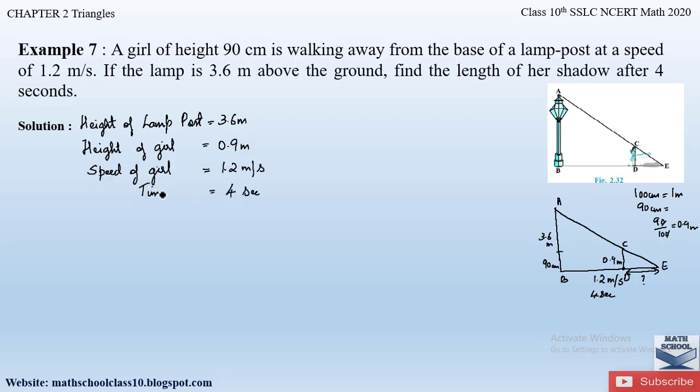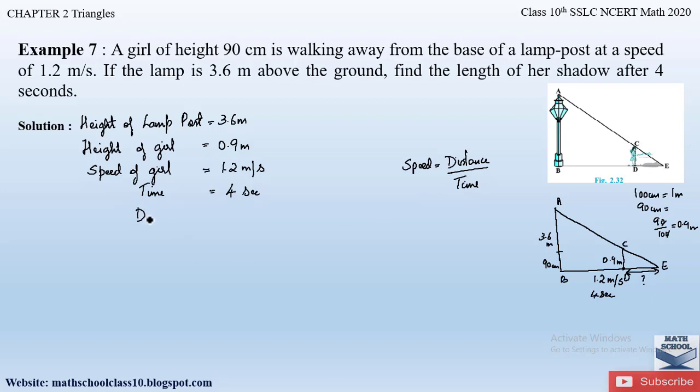Now here you can notice that we can calculate this distance BD with the help of the speed and time given. So write down: speed is equal to distance by time taken. So now we know speed and we know time. We can calculate the distance by multiplying the speed into time.